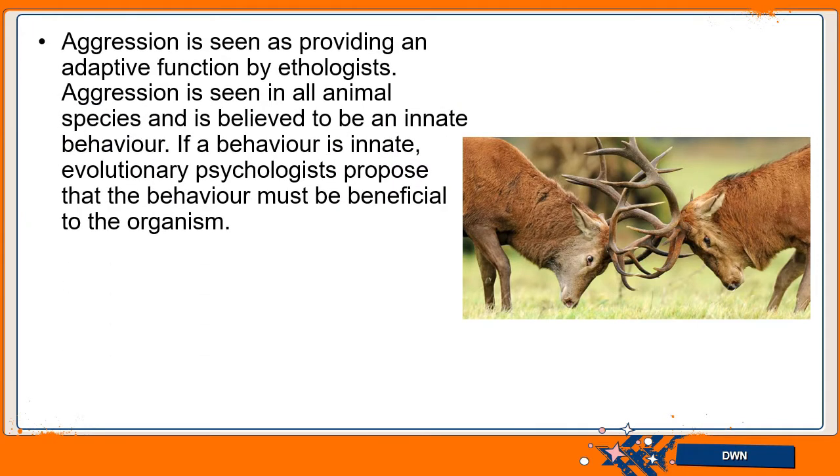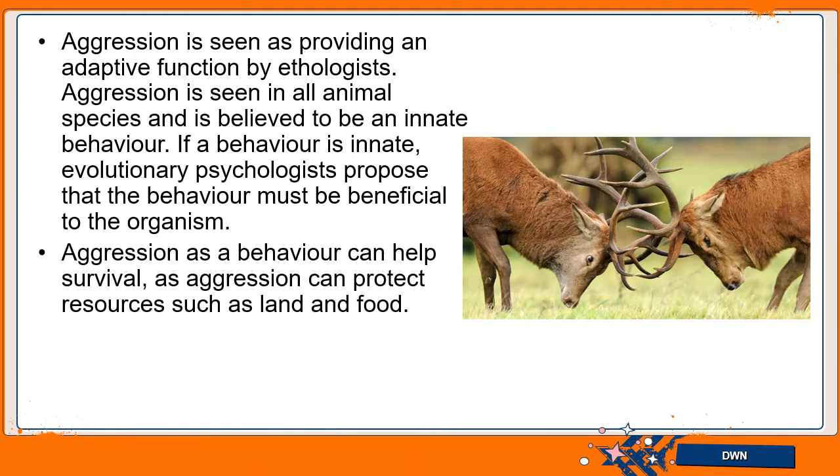So aggression is seen in all animal species, and particularly in males, and psychologists believe that effectively this must be beneficial to the survival of the species in some way. So aggression, the argument is, can help us protect food and resources such as land, where animals mostly get their food.